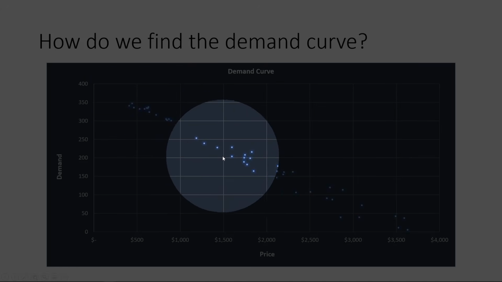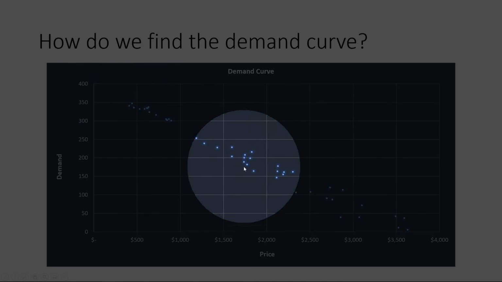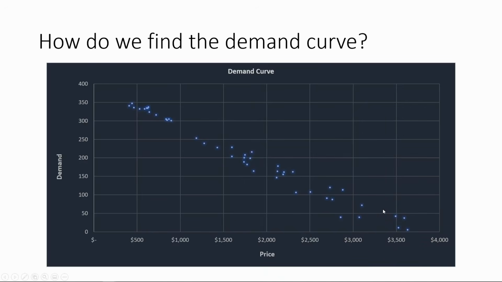Each dot in this scatter plot is basically one observation. Over time, we have many observations of the demand level at different price points. So in this scatter plot, we can use the existing observations to figure out how demand changes with price. What do we do? We put in a trend line. As you can tell, this can be done in Excel.